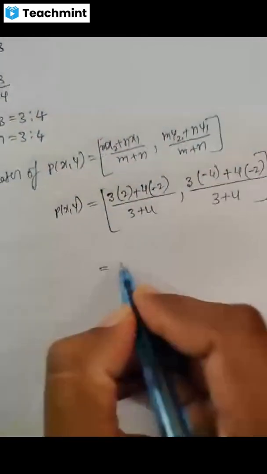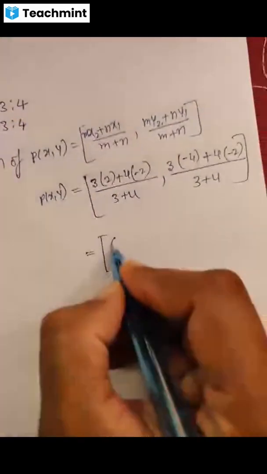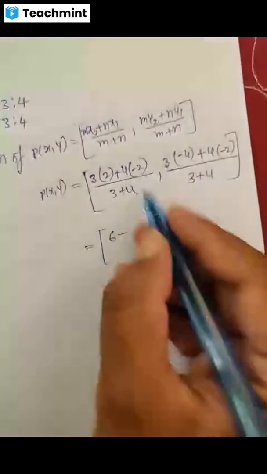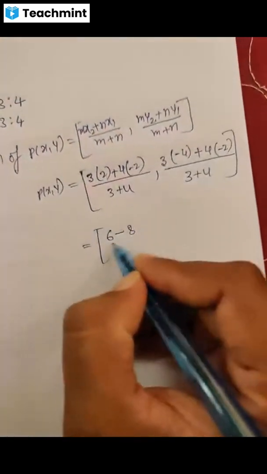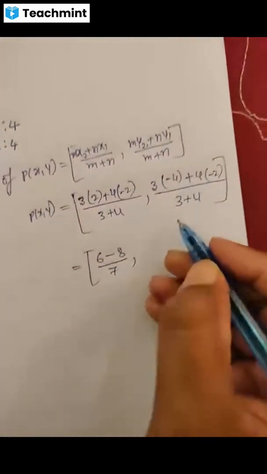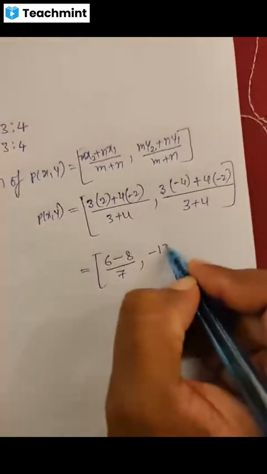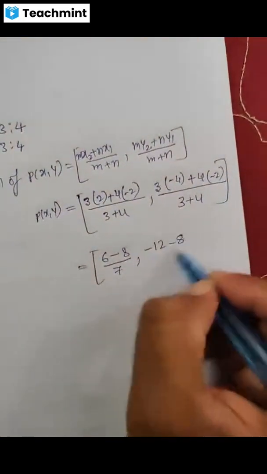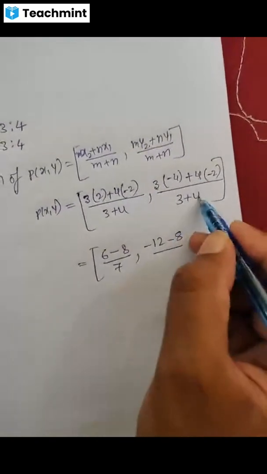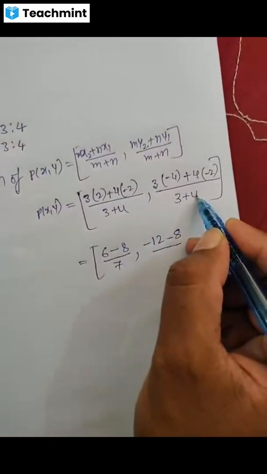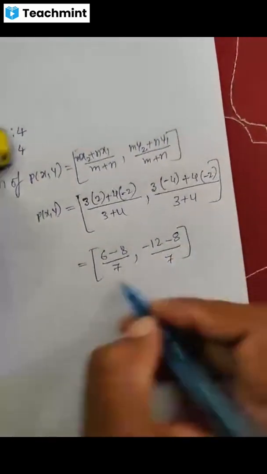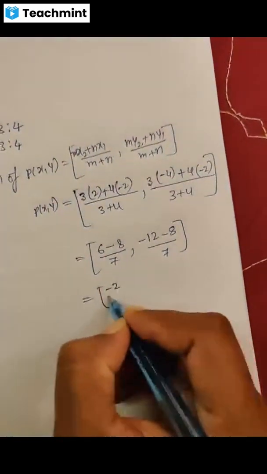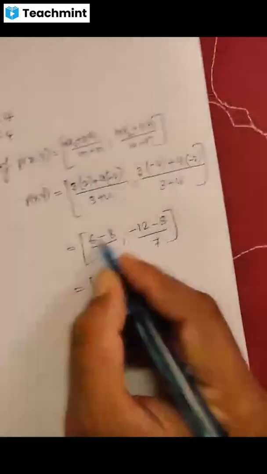So simplify this. 3 2s are 6, 4 2s are 8. 4 into minus 2 is minus 8 divided by 7, comma 3 4s are 12 minus 12, so plus into minus minus 4 2s are 8 divided by 3 plus 4 is 7. So this is equal to minus 2 divided by 7 because 6 minus 8.